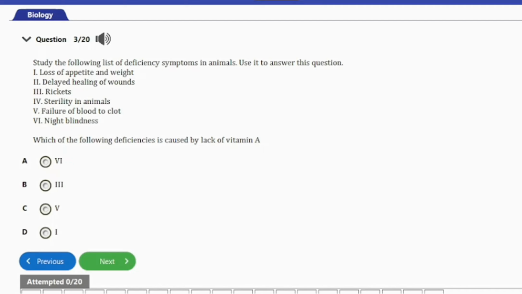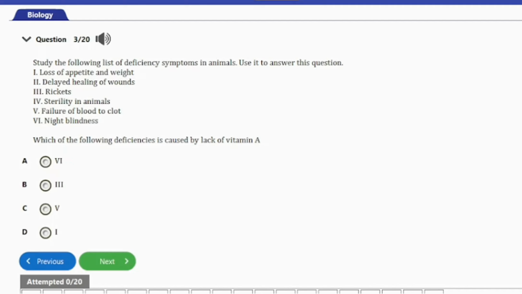It says, study the following list of deficiency symptoms in animals. Use it to answer this question. We have I, loss of appetite and weight, II, delayed healing of wounds, III, rickets, IV, sterility in animals, V, failure of blood to clot, VI, night blindness.